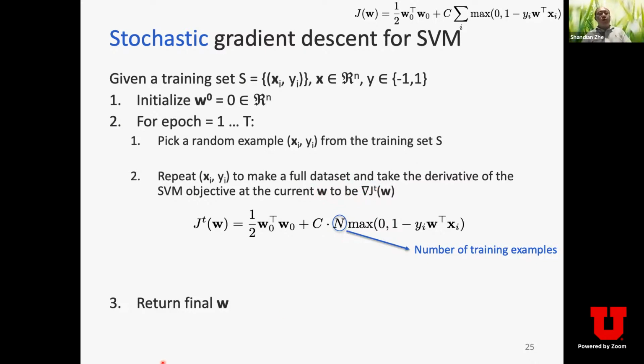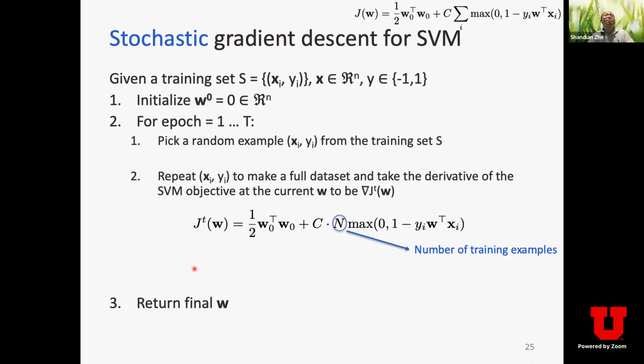You move to the next step where you randomly pick another example, repeat it to fake the data set again, compute the stochastic estimate of the gradient, and update W again. You do it until you finish looking at the whole data set. You finish one epoch, you do it again until you finish all epochs, and you finally return your estimated model parameters.